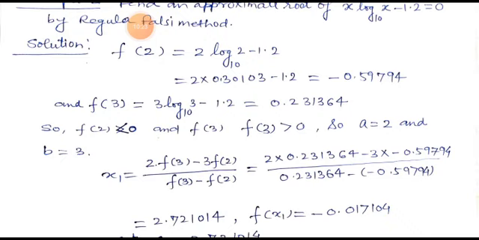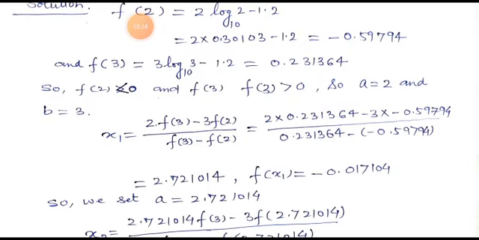Putting the values of f3 and f2 in this equation and solving, we get x1 is equal to 2.721014, and putting this value in the function, f(x1) is a negative value.